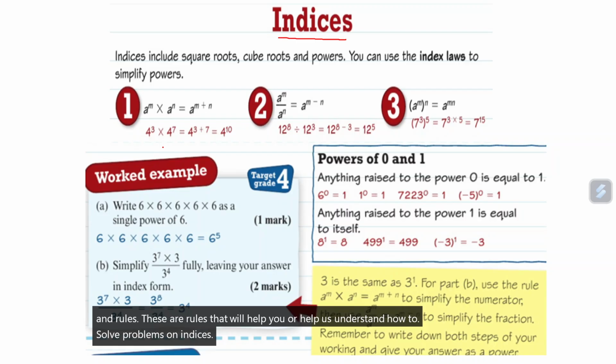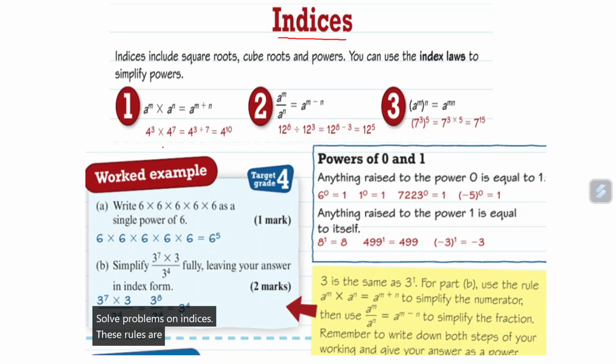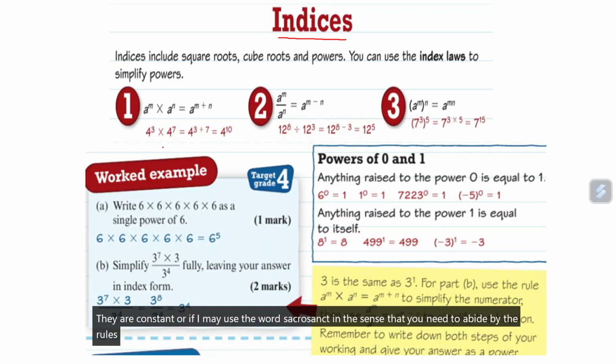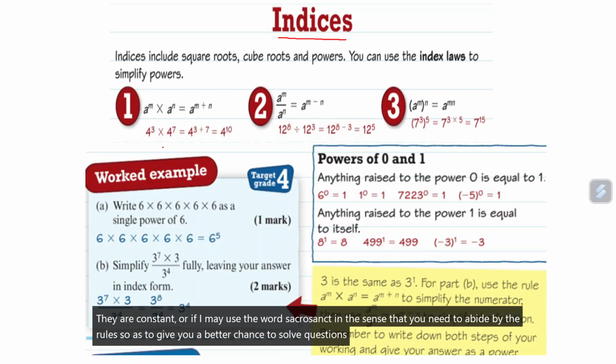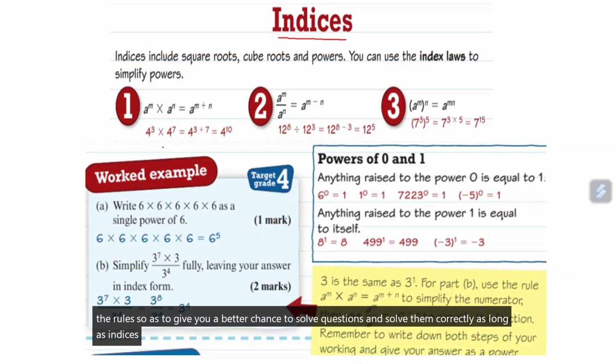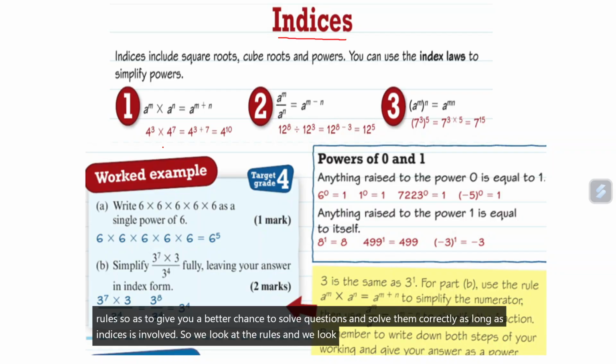These rules are constant, or if I may use the word, sacrosanct, in the sense that you need to abide by the rules so as to give you a better chance to solve questions correctly, as long as indices is involved. So we'll look at the rules and where they are applicable.